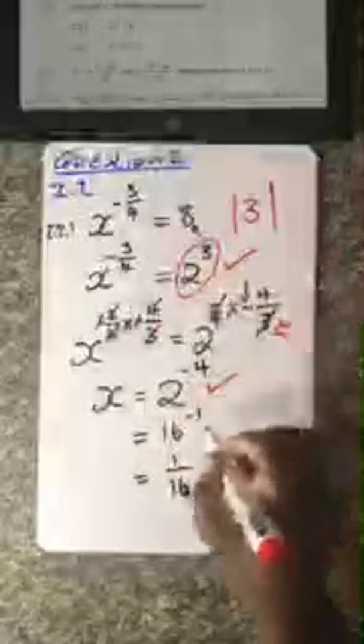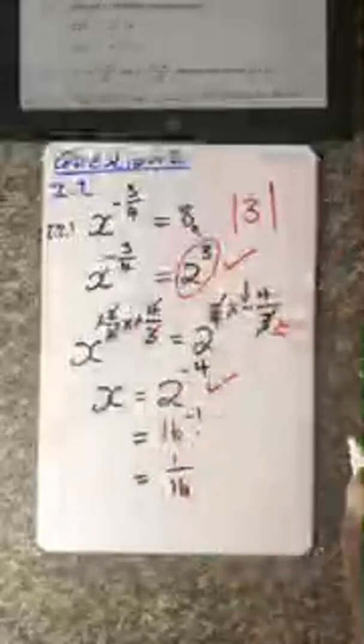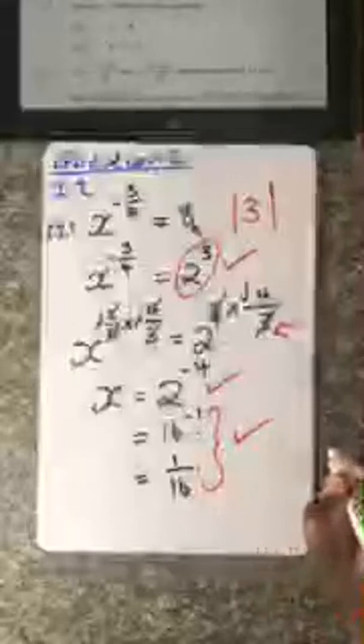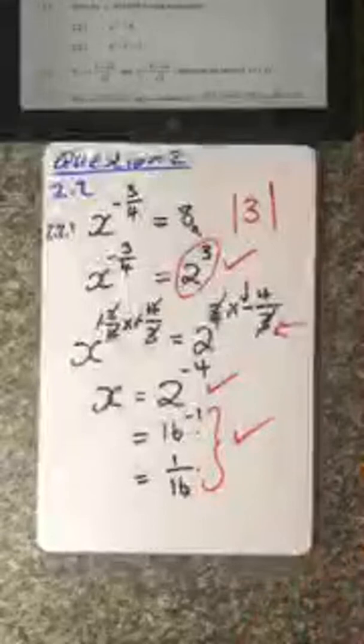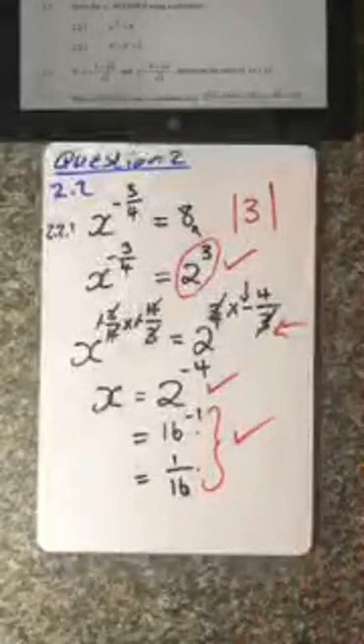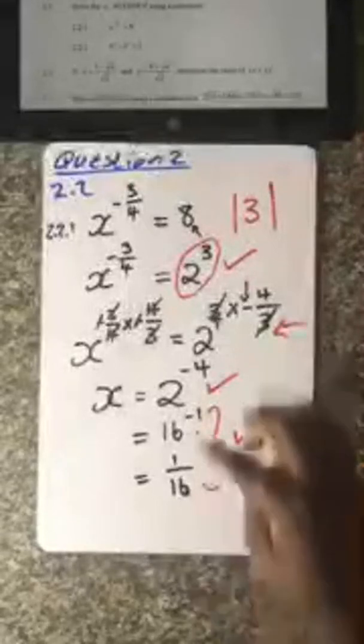Very, very important, guys. Either you write this in that simplified form, or in that simplified form, we just give you a mark. It doesn't really matter whether you write it this way or that way, you will still score a mark.